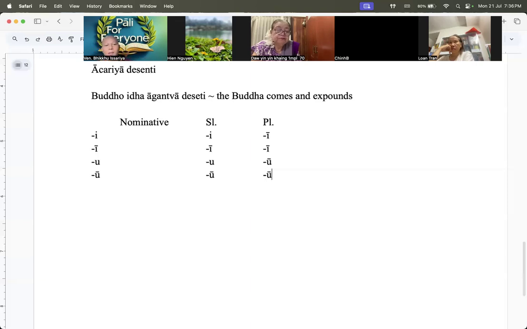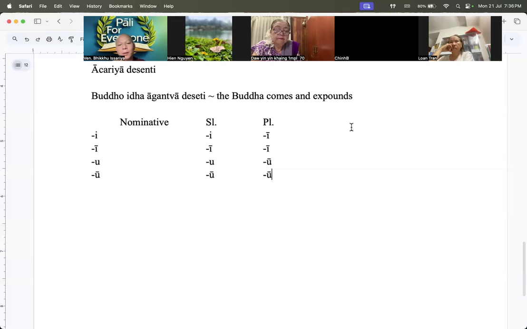Singular not changing, the same as the stem, the same as the ending vowel. But for plural, the first one, the short one becoming long. So simply can be noted that short one becoming long.